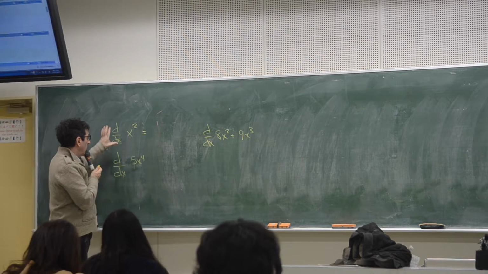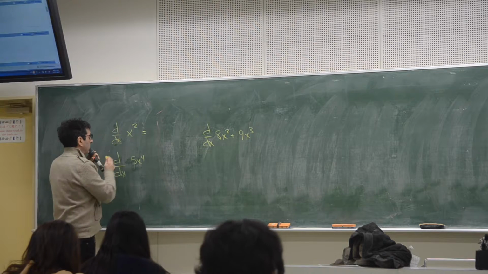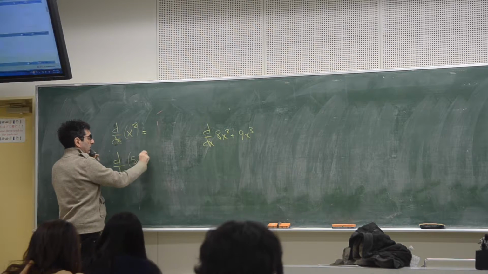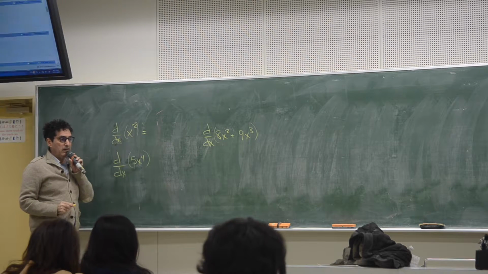Now, first of all, you know that this symbol just means the derivative of. So it just means the derivative of that, the derivative of that, and the derivative of that. So I think you know how to do all of these, right?